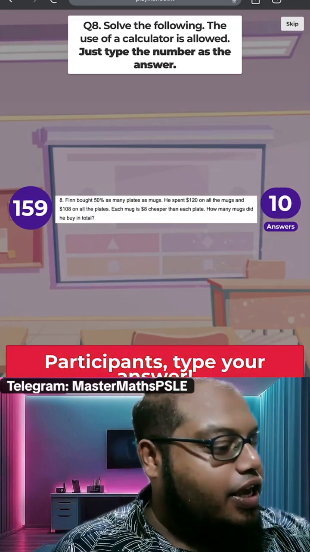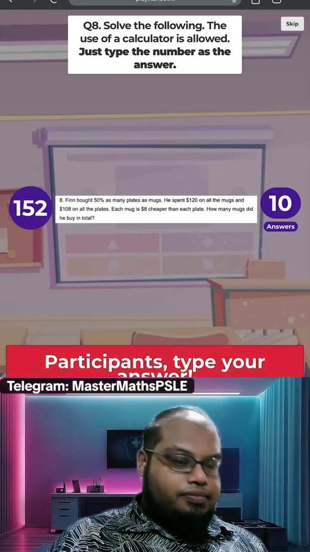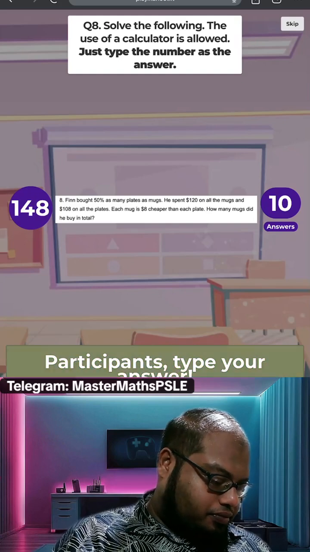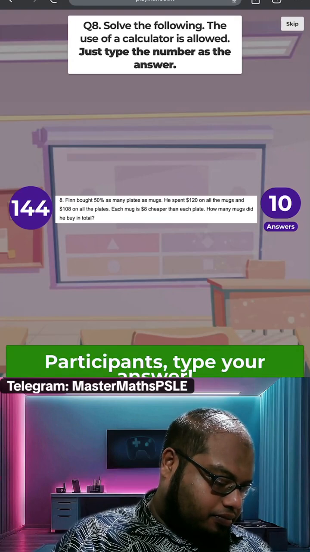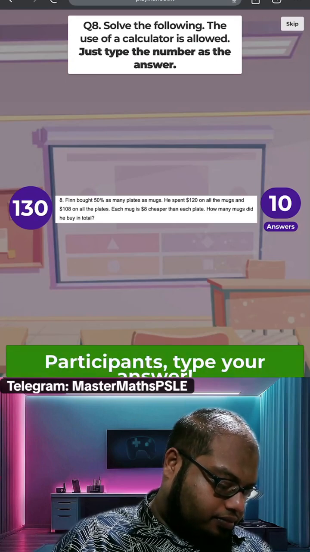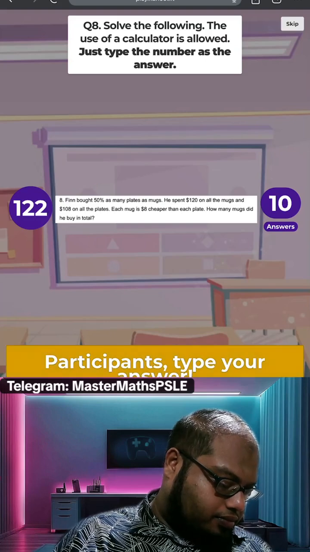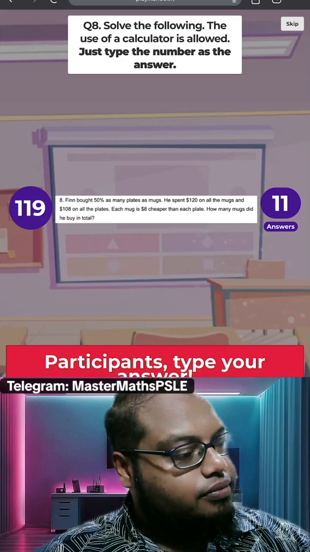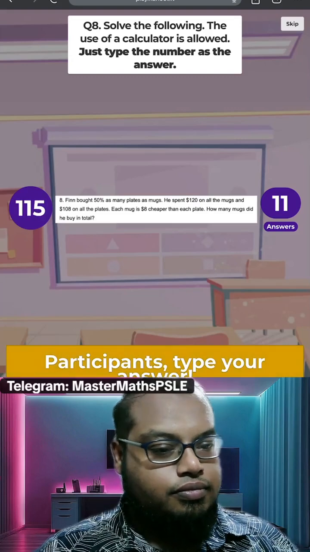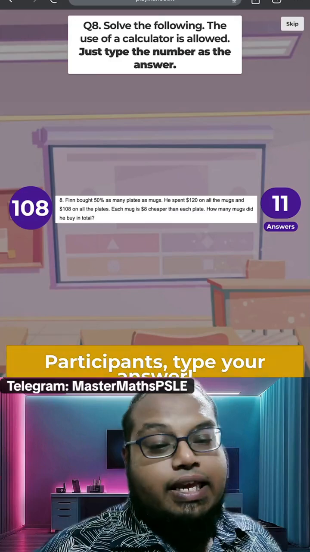Okay, last question for today. Okay, the hint here, like I said just now: Finn bought 50% as many plates as marks.